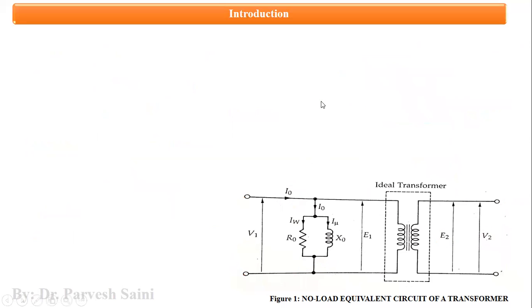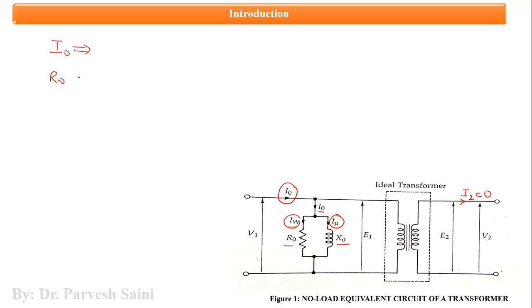Now, as we are discussing, a minimum current is flowing in the transformer even when the current in the secondary winding is zero. So this current I naught is basically responsible for certain phenomena that occur in the transformer, and you can see here that this current is dividing into two currents across the two elements of the core.